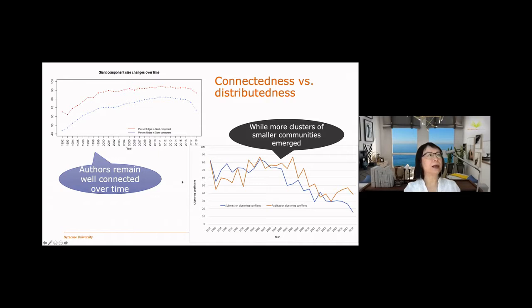And if you look at the connectedness, I think this is the giant component. Others remain well connected over time, by looking at the giant component size change over time.